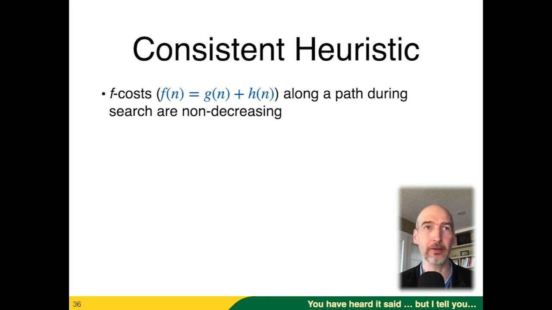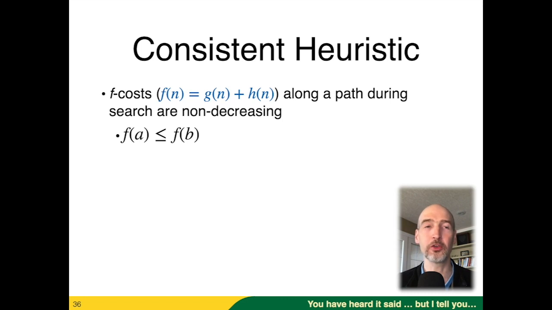If you remember, F costs are G plus H, where G is the path so far and H is the estimate of the path remaining. If the F costs are non-decreasing as we go along a path, then we have a consistent heuristic. Now that's the functional definition that's actually needed for A star to have the properties that we want it to have.